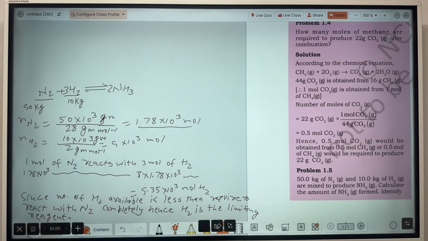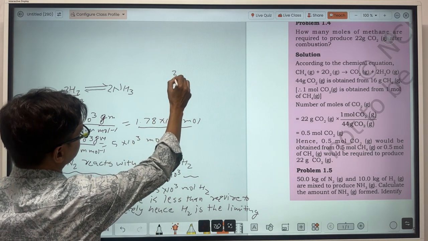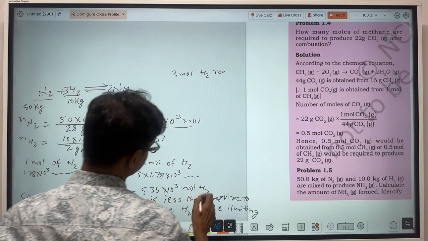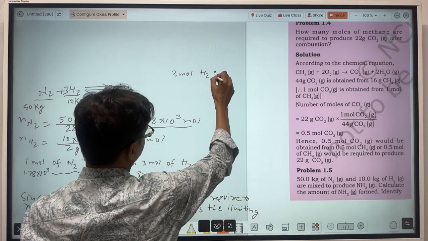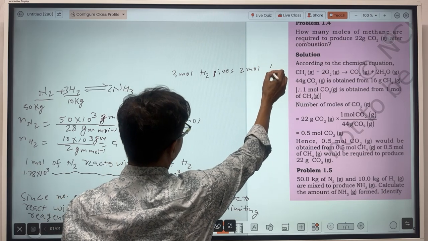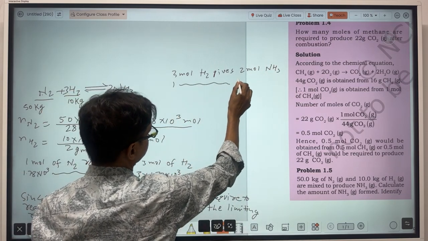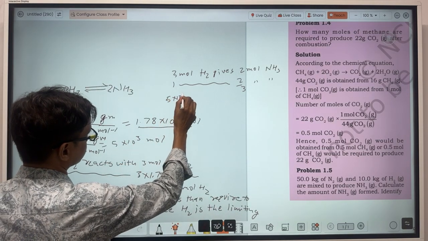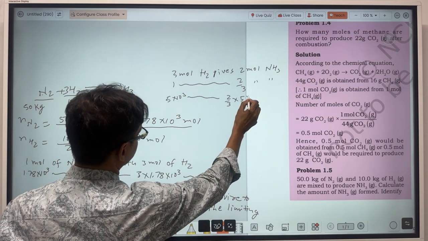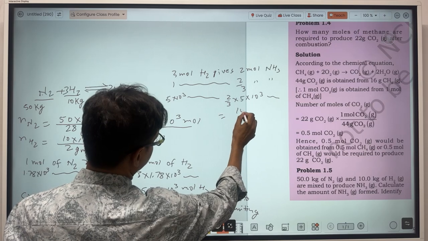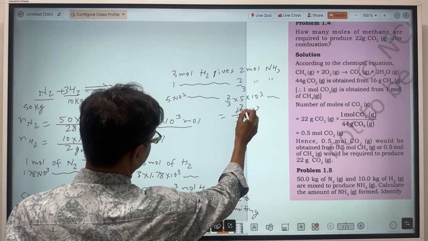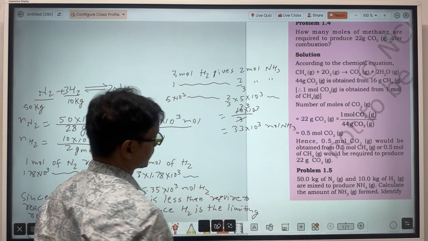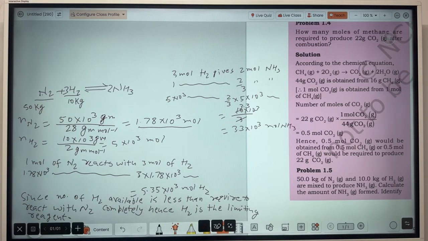So we will have to calculate how much. So 3.3 into 10 power 3 mole ammonia will be produced.